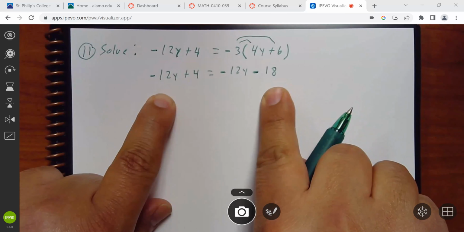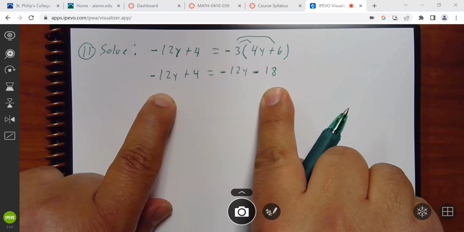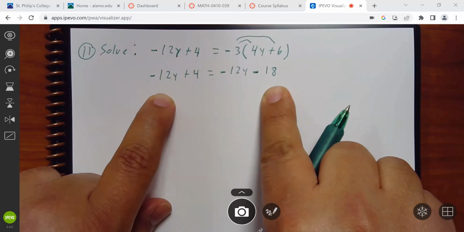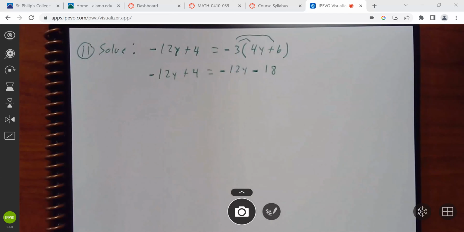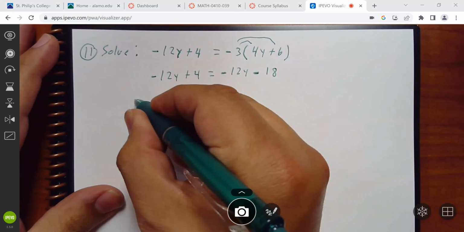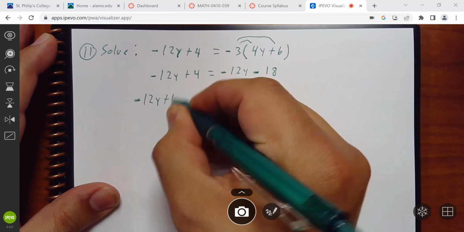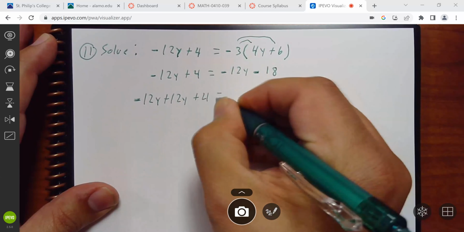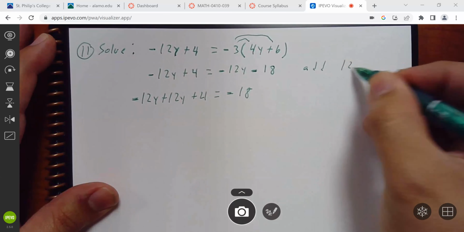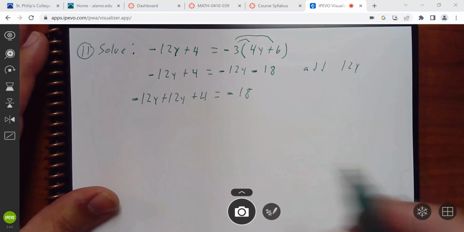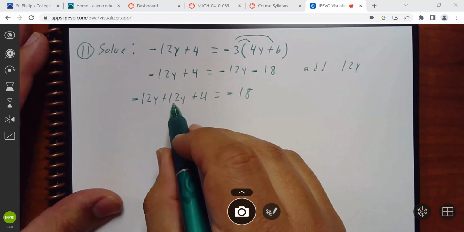Add stuff over. What do we want to do first? What do we move? So we'll add it over. -12 plus 12.